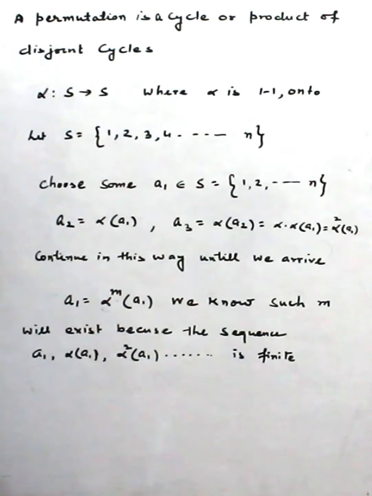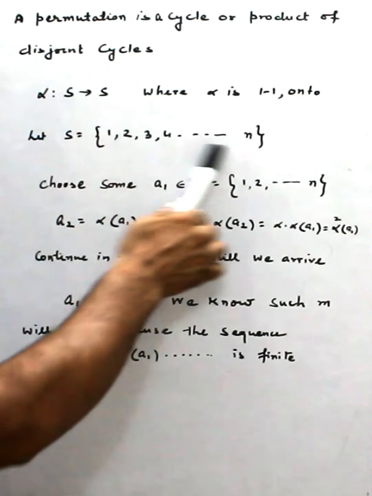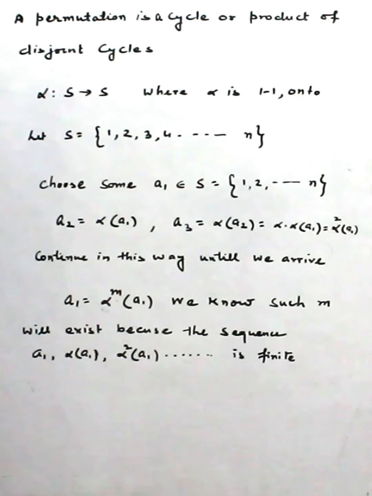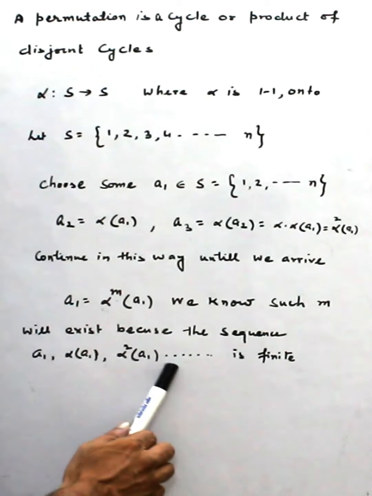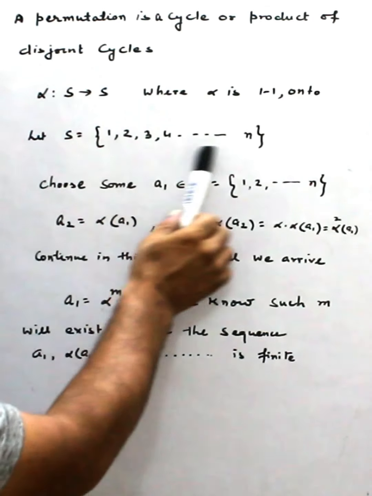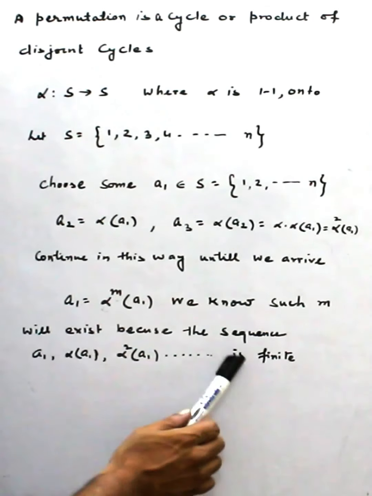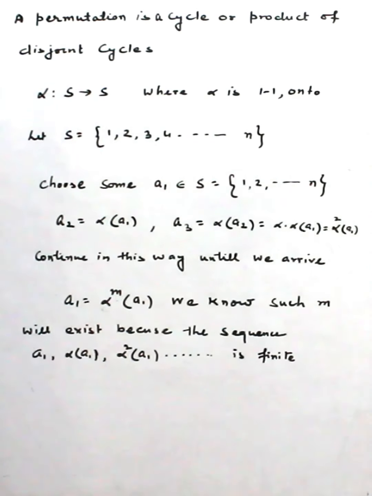Why is it finite? Because the number of elements in S is finite, and all these elements fall in S, so this sequence is also finite.